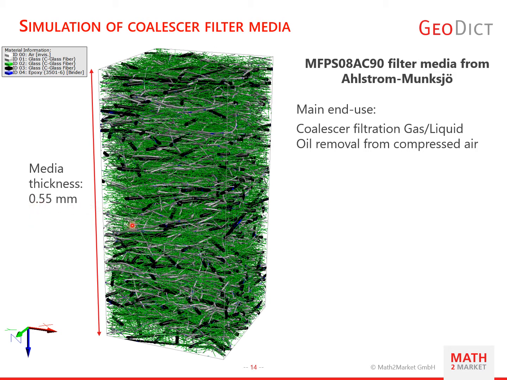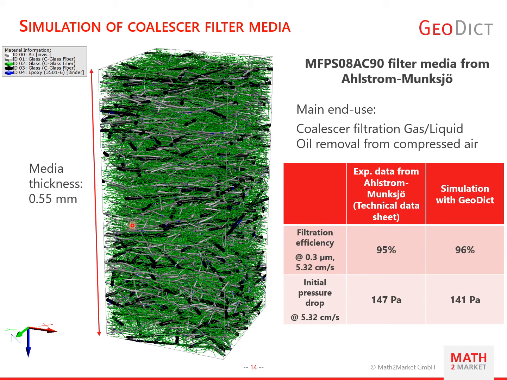And first of all, we generated this model with FiberGeo, and we ran flow and filtration simulations to compare and validate the simulation results with the experimental data of Alstom München.